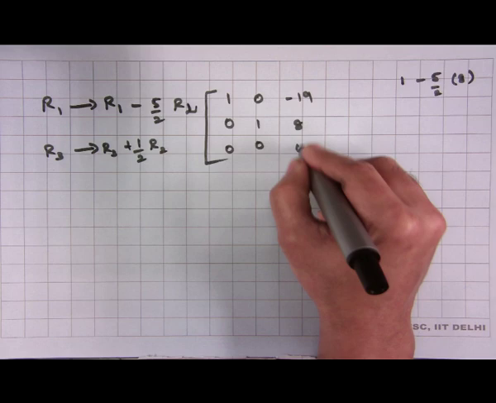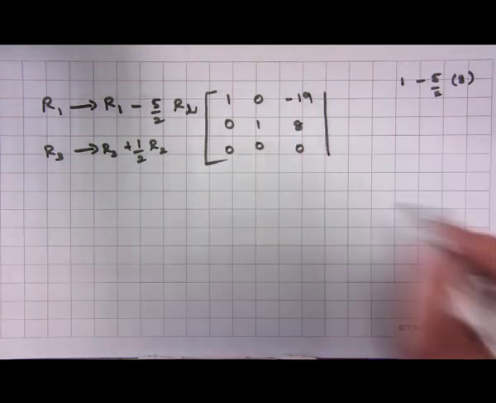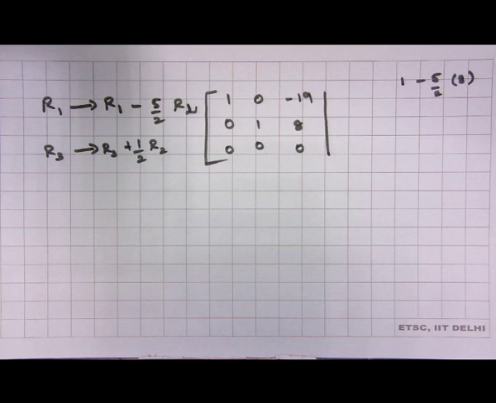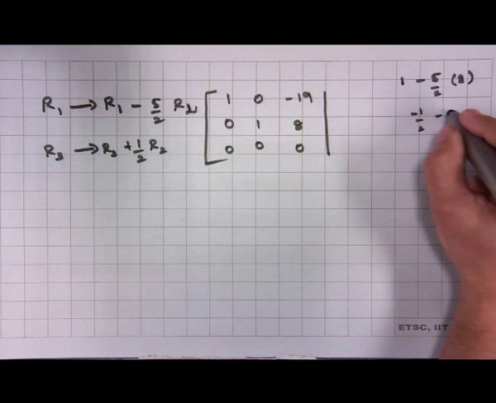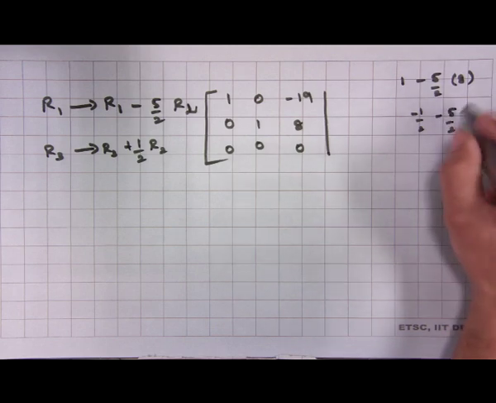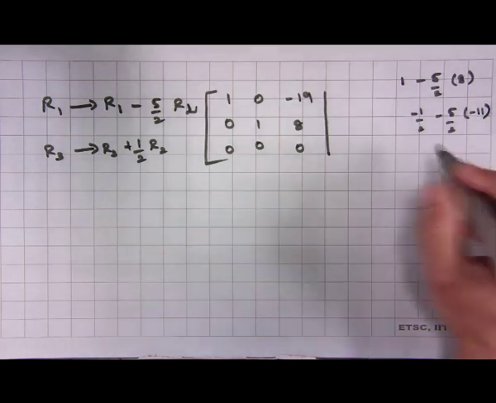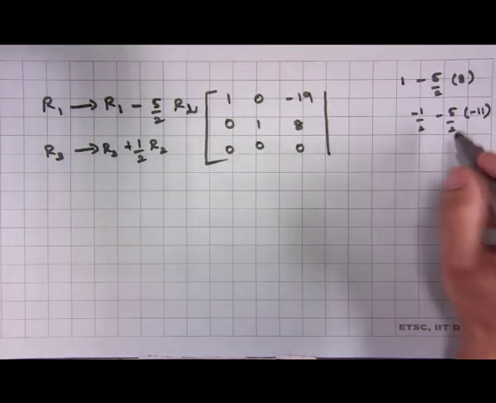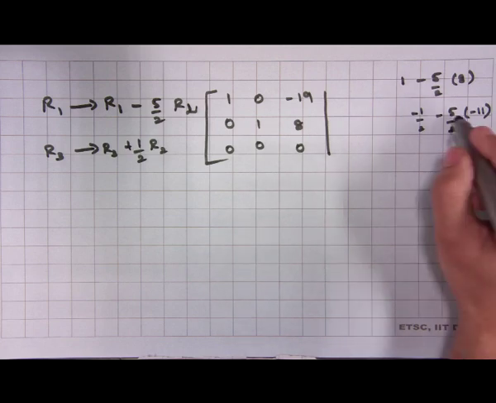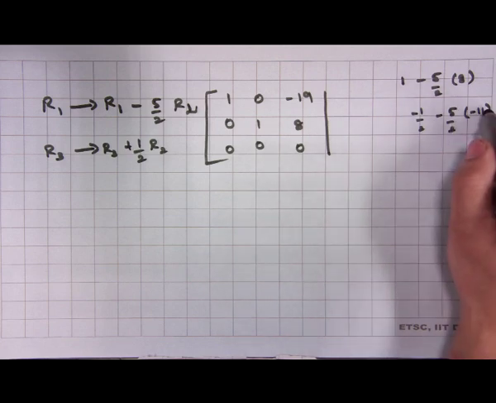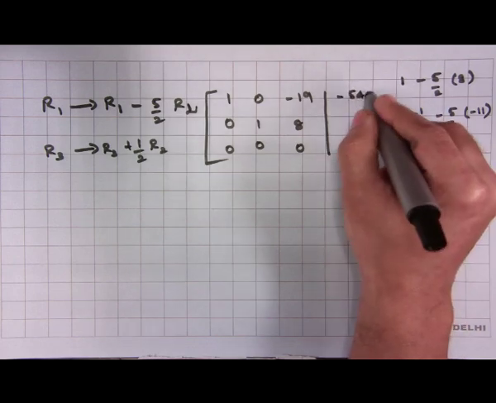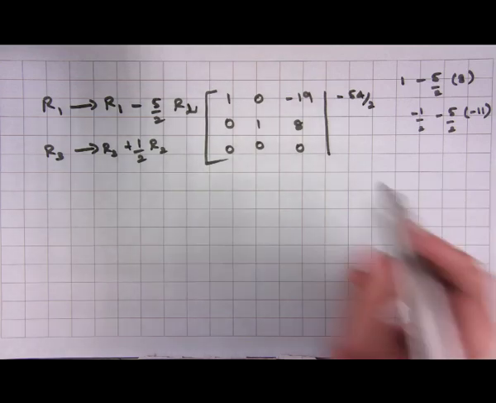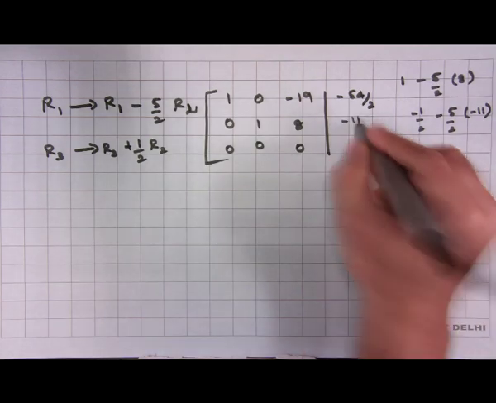Here it is going to be 0, and in the augmented column I will have minus half minus 5 by 2 times 11, minus 55, so I will have minus 56 by 2, and this is 11.